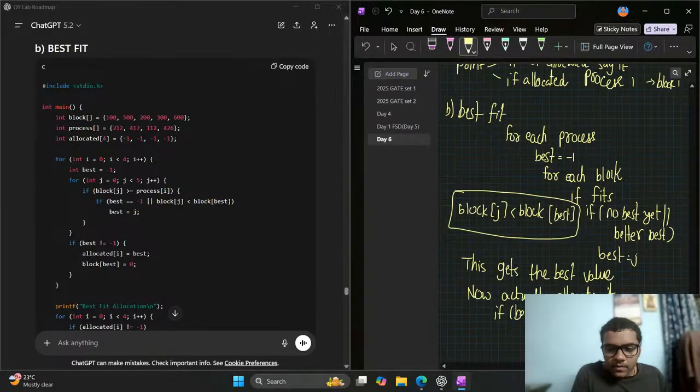If best is not equal to minus 1, allocated of i is equal to best.